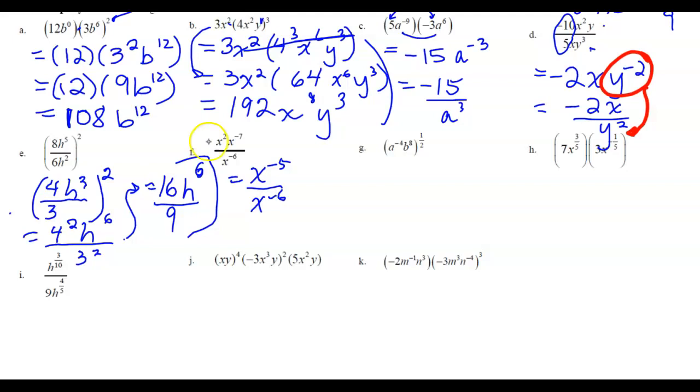So here, 2 plus negative 7 is negative 5. Then when you're subtracting, for dividing powers to the same base, you have to be good at your integers. So negative 5 minus negative 6. 1. Okay, it is not negative 11.